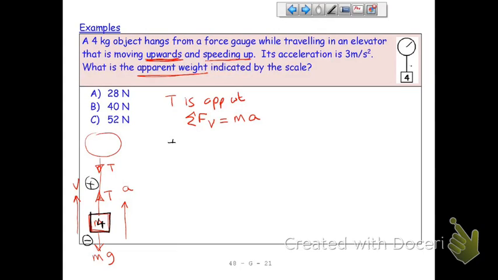I say plus T added to minus 4 times 10, because that's just my gravitational field strength, is equal to my mass, which is 4, times my acceleration. And my acceleration is 3 meters per second squared, and it's pointing upwards.